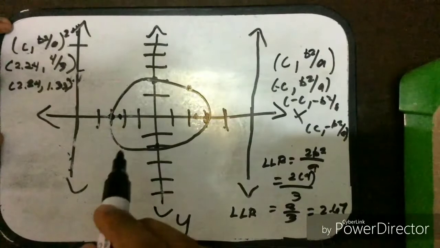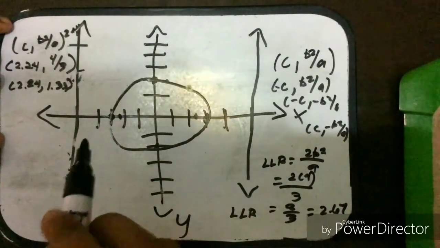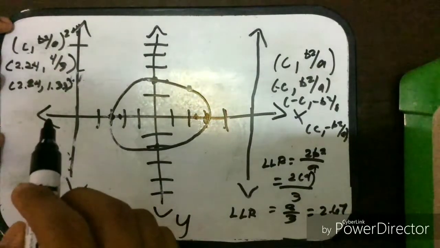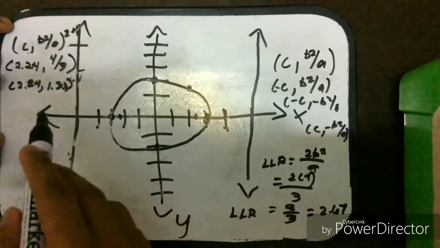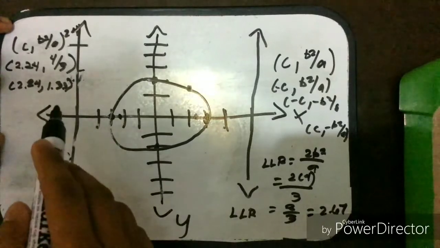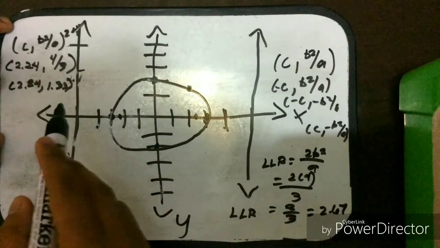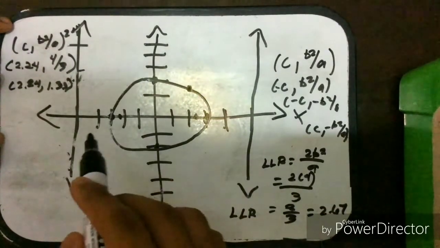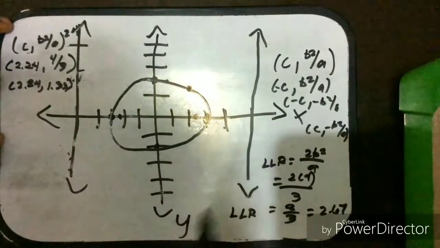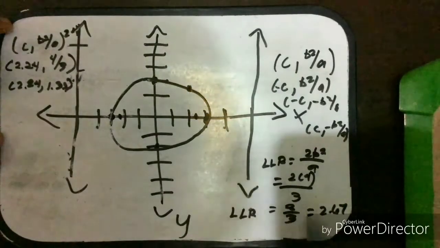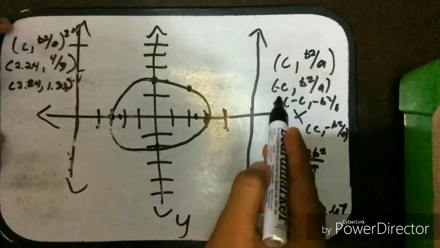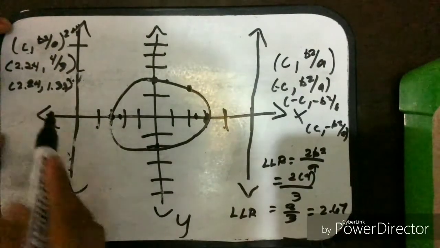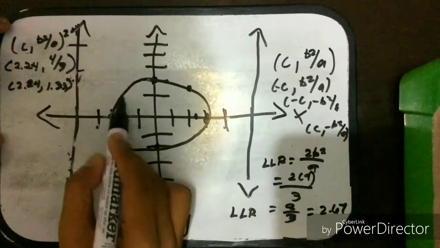It also applies to the others. So, you don't need to solve all of them, because once you find the solution for each formula, you just need to put the negative or the positive sign, so you can easily plot the points. Like for negative C and B squared over A, you put the negative on 2.24, so negative 2.24 and 1.33.